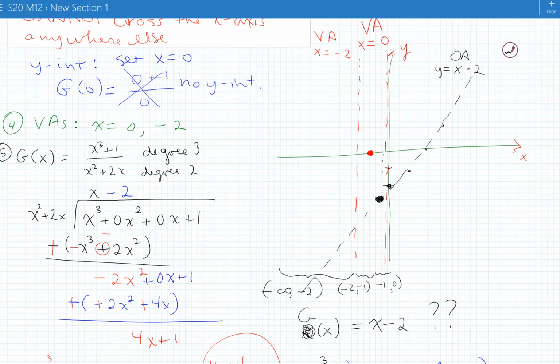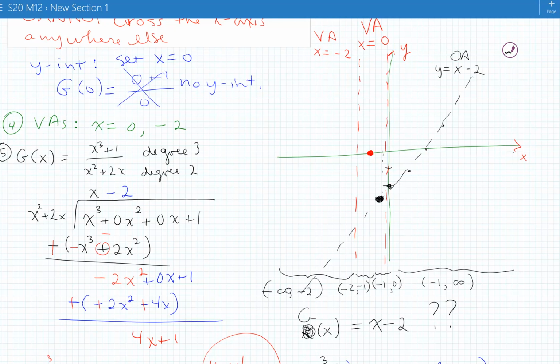Then from negative 1 to 0 is another section of the graph. And then from negative 1 up. So now we need to figure out where this graph goes. So in the leftmost section, where x is coming from negative infinity and coming up to negative 2, we have to figure out where the graph could go.